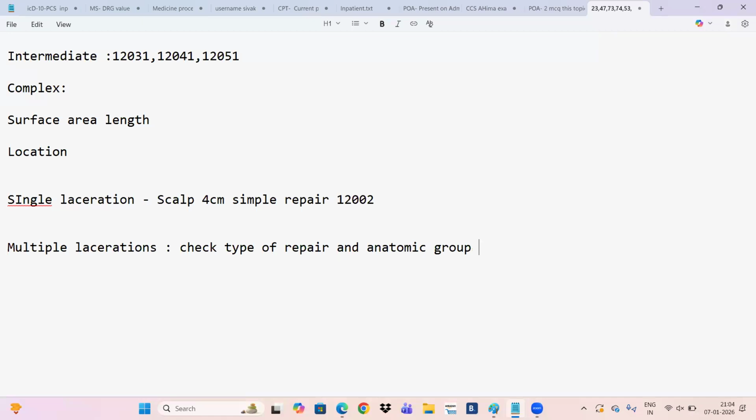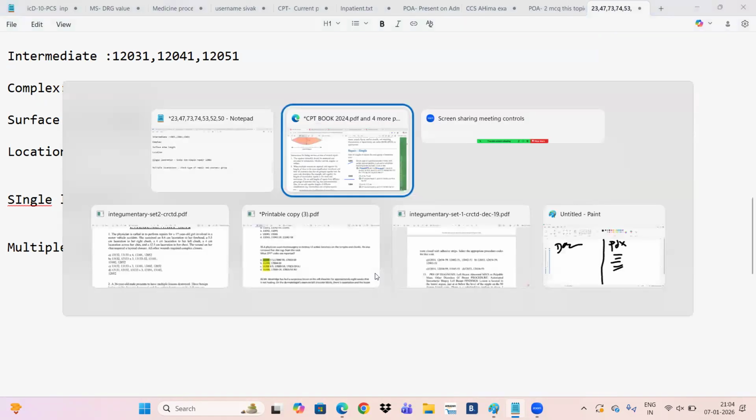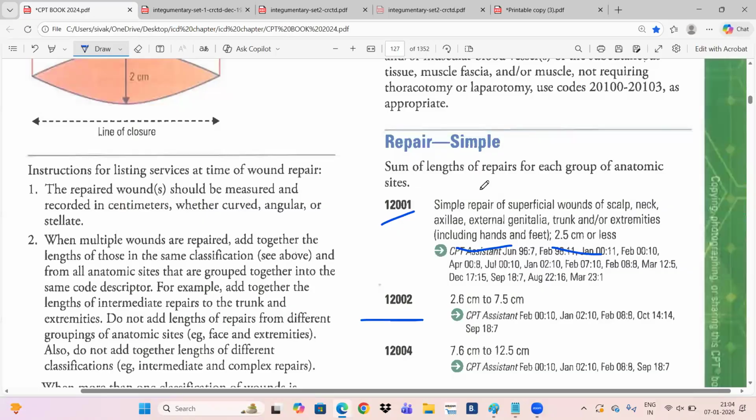First point: sum the length of surface area of each group of anatomic sites, which means same type of repair, same anatomic group, we need to sum the surface area.